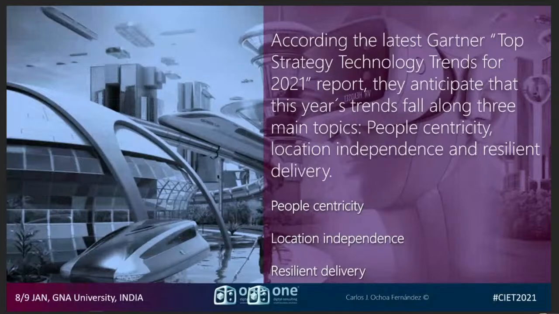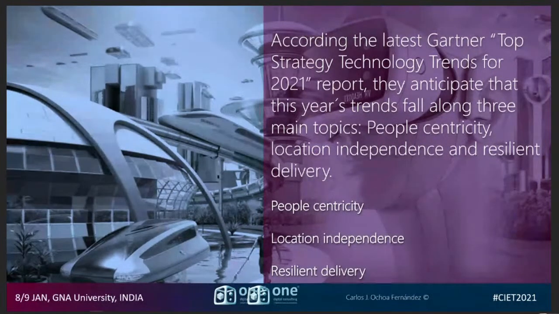According to the latest Gartner Top Strategic Technology Trends for 2021 report, they focus especially on three key issues. People centricity, which means despite the pandemic changing how many people work and interact with organizations, people are still at the center of all business, and they need digitalized processes to function in today's environment.